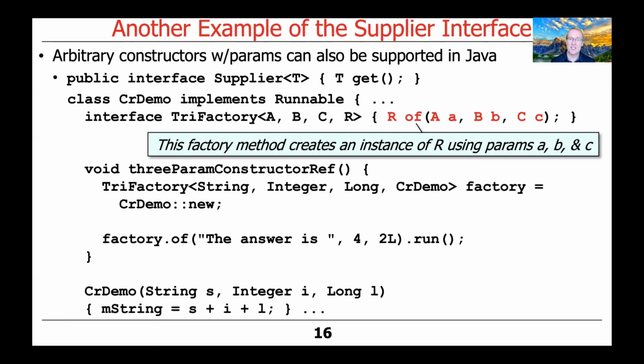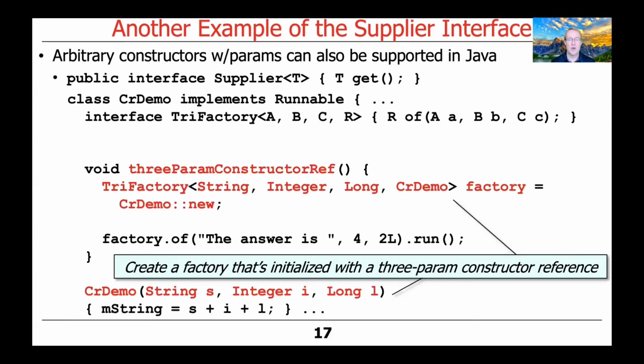So let's see how we might actually use TriFactory in practice. We're going to define a method called threeParamConstructorRef to showcase the TriFactory. We have a local variable instance of TriFactory, which we call factory, and we're going to instantiate it with a String, an Integer, a Long, and a CRDemo, in that order.